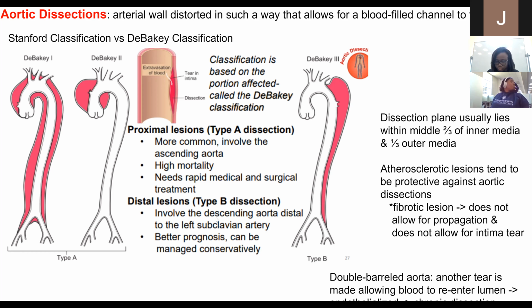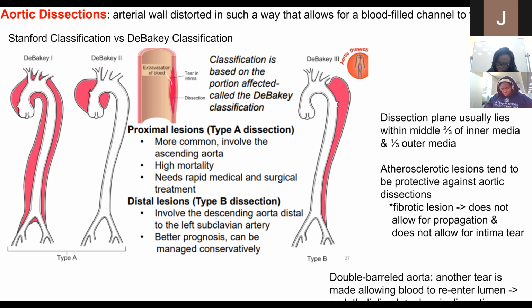Type 2, the dissections begin in the ascending aorta, right? But they don't go past into the descending aorta. But again, it's affecting your ascending, so we need to do surgery for it. That's really the biggest thing we need to understand here: when you would want a surgical intervention, and what kind of classification it is. That's what they focus on in the exam.